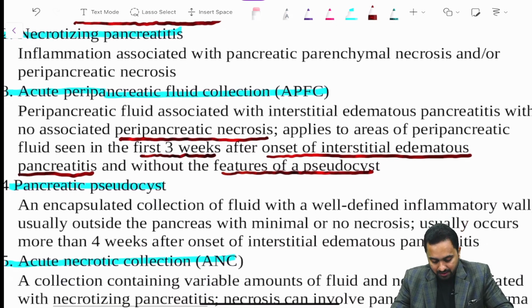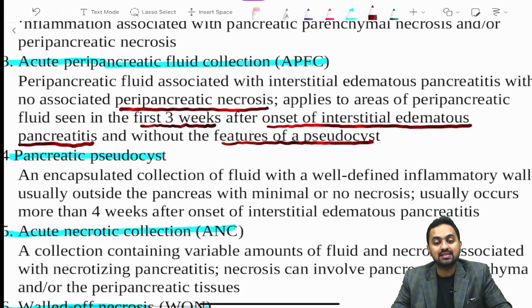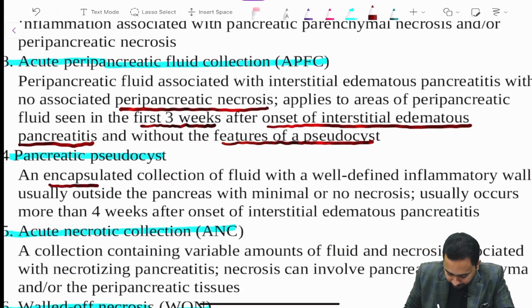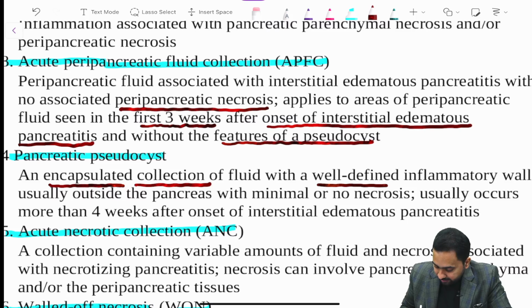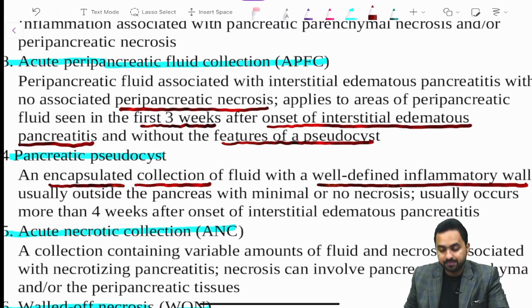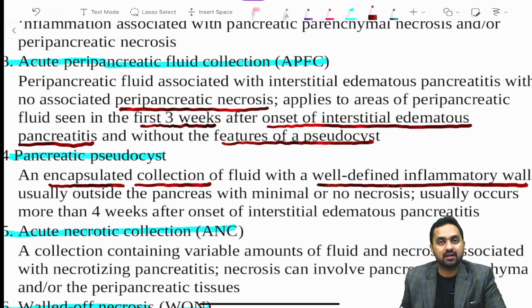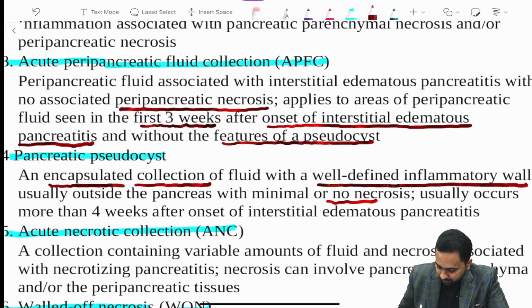Then we have your pancreatic pseudocyst. So this is an encapsulated collection of fluid with well defined inflammatory wall. So the inflammatory walls are well defined and they are usually outside the pancreas with minimal or no necrosis, right?